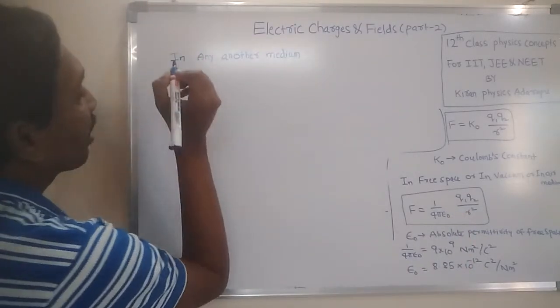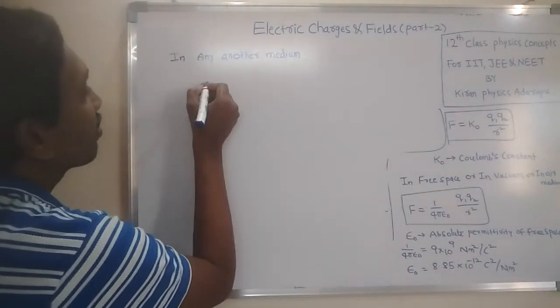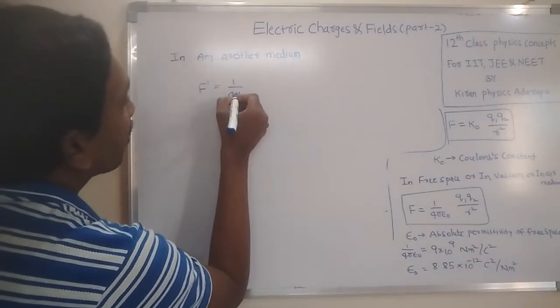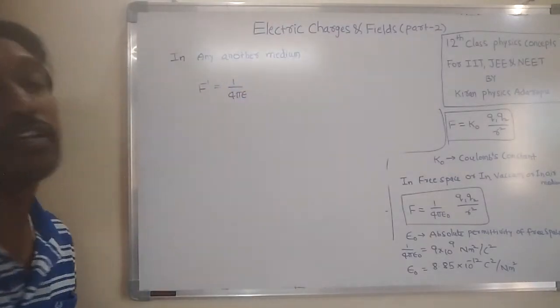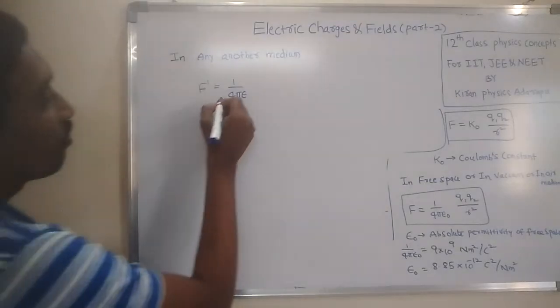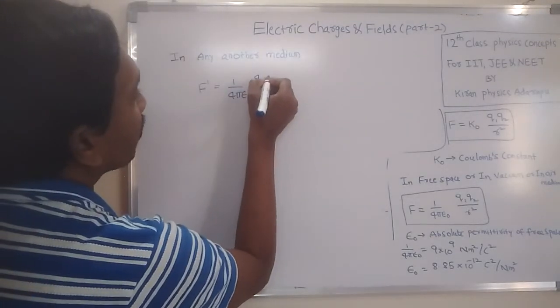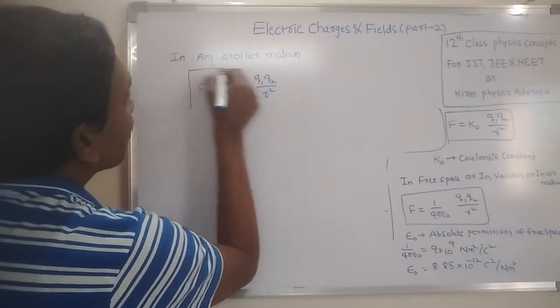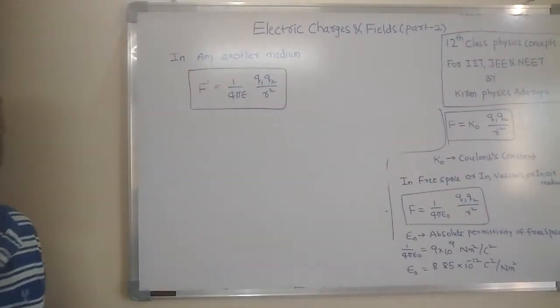But in any other medium, F dash is equal to 1 by 4 pi, and here we introduce one more constant, that is epsilon: 1 by 4 pi epsilon, Q1 Q2 by R square. This is the electric force equation in any other medium.